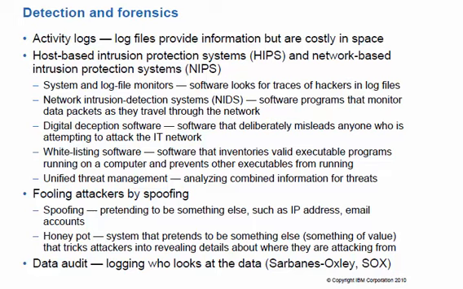Next key element is whitelisting software. This software inventories valid executable programs running on a computer and prevents any other executable from running. This type of program basically stops hackers from uploading their own programs to the machine, reports any attempt to run unauthenticated software, and also stops virus software and malicious activity.